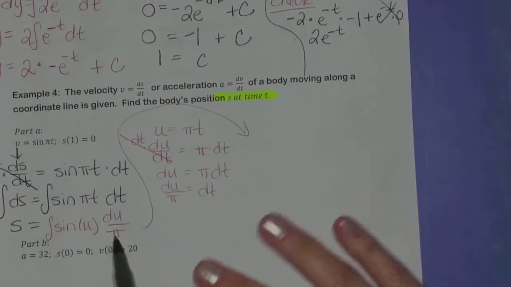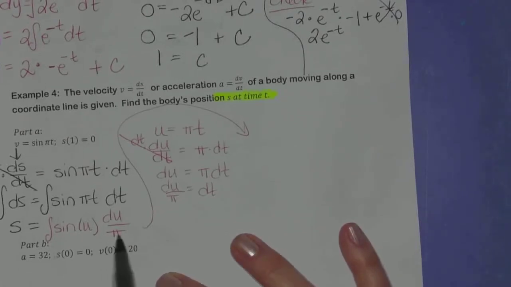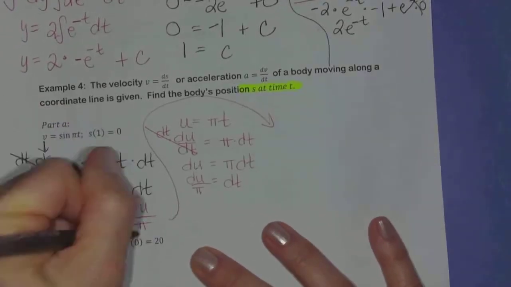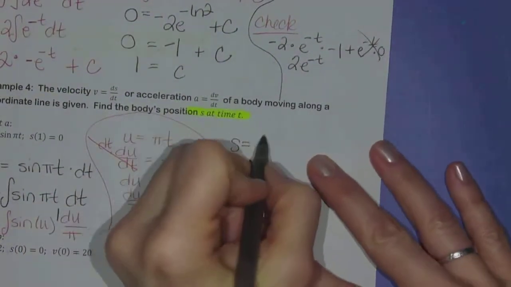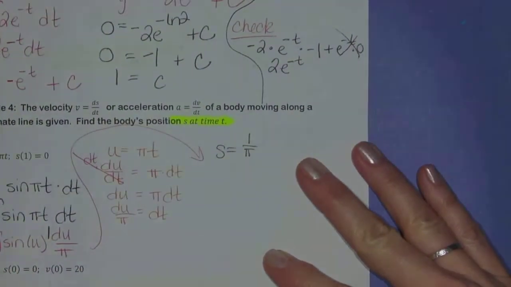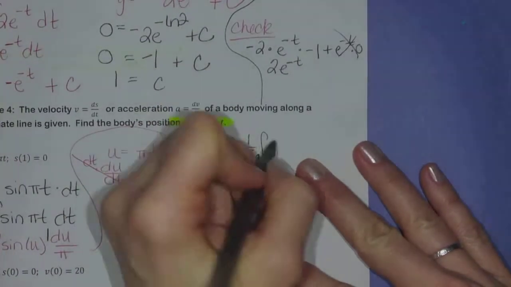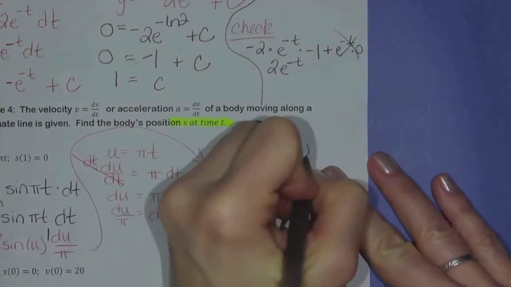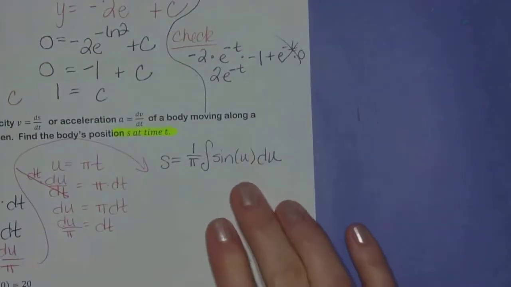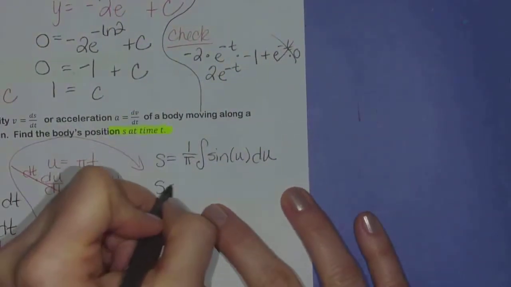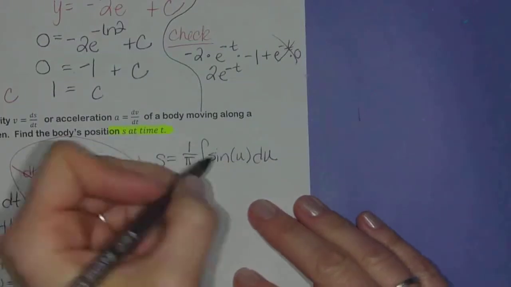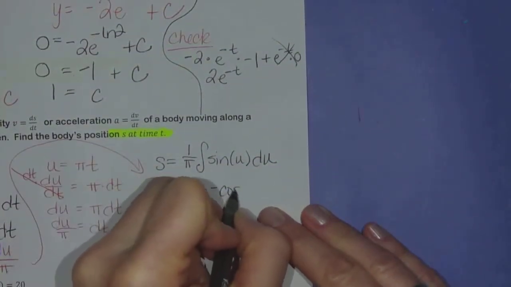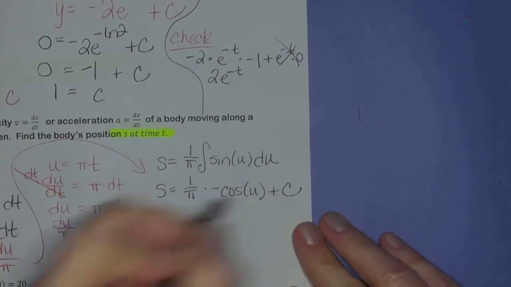Okay, I'm going to come clear around here and keep going. I am going to think of this pi on the bottom here as being 1 over pi. So I'm going to bring that to the front. S equals 1 over pi as a constant, antiderivative of the sine of u du. And now it gets pretty easy. I know that the antiderivative of sine is negative cosine, and I'll add that c.